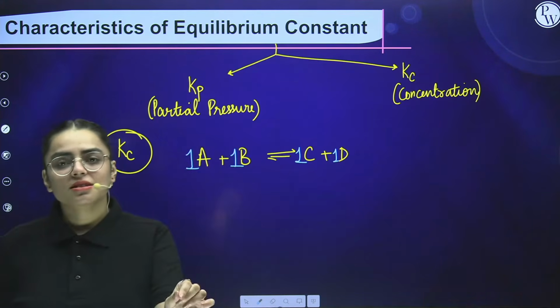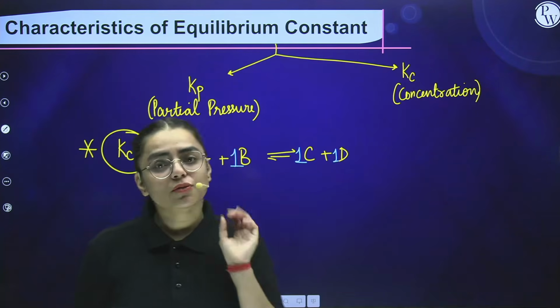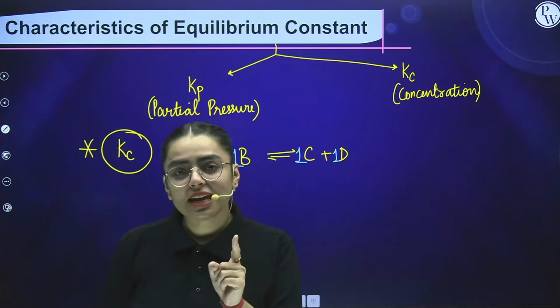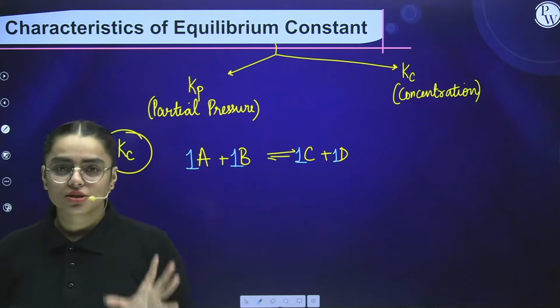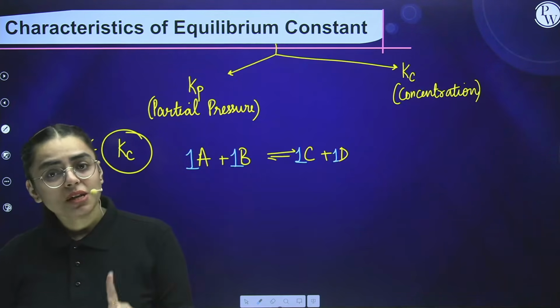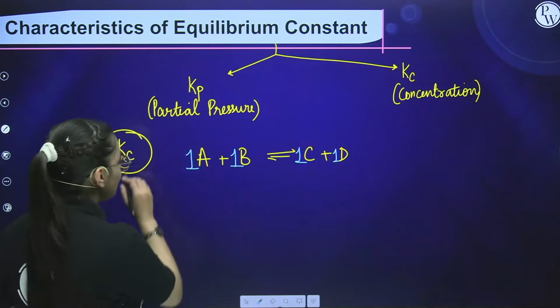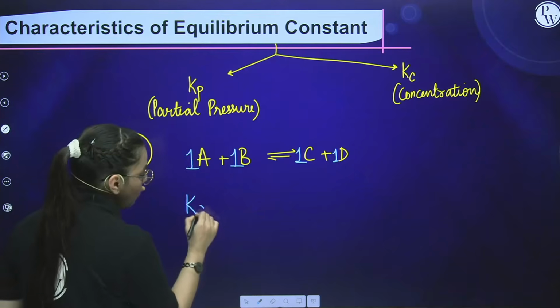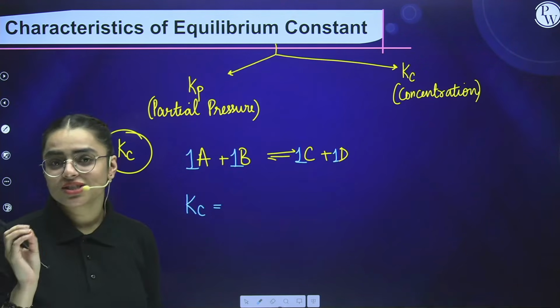When I am considering the stoichiometric coefficient as 1, that means 1 mole, then what will be the formula for Kc? Kindly listen very carefully. Kc refers to the equilibrium constant at a concentration, and Kp refers to the equilibrium constant at partial pressure. So if I am talking about Kc, students, what is the formula for the equilibrium constant we just calculated?